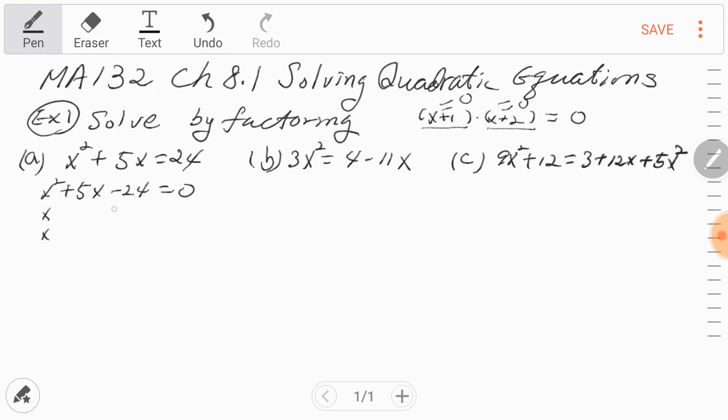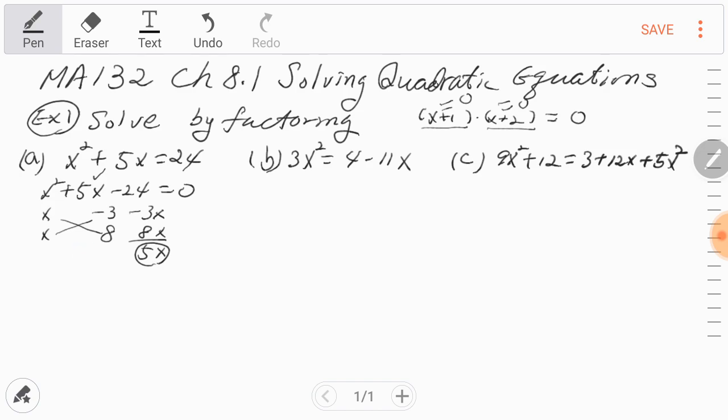How about 3 times 8? Let's try 3 times 8. Then 24, and we have to put the negative sign, so put it on 3. Then this is negative 3x and 8x. The sum is 5x, so this result is the same as the second term.